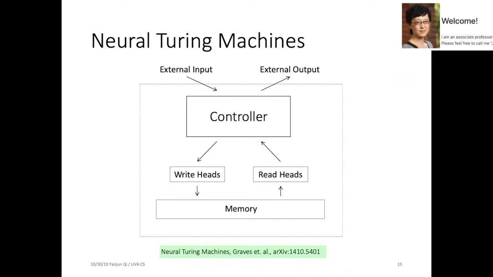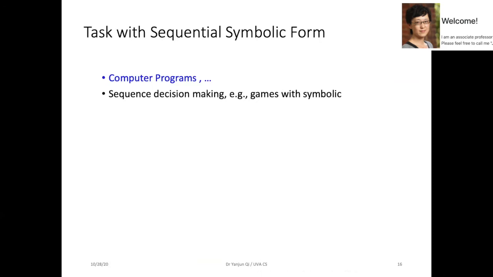This one is already relatively old, but it set up the foundation for this type of sequential symbolic reasoning task. Besides computer programs, there is a lot of other sequential decision data, like games with symbolic input, which can also be handled by NTM, this category of models.